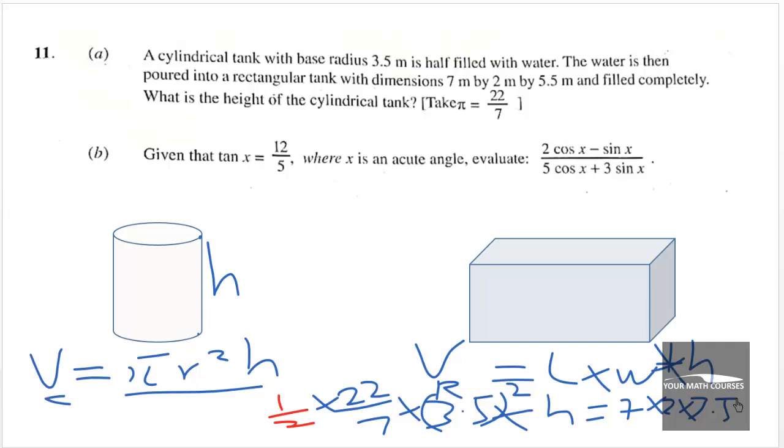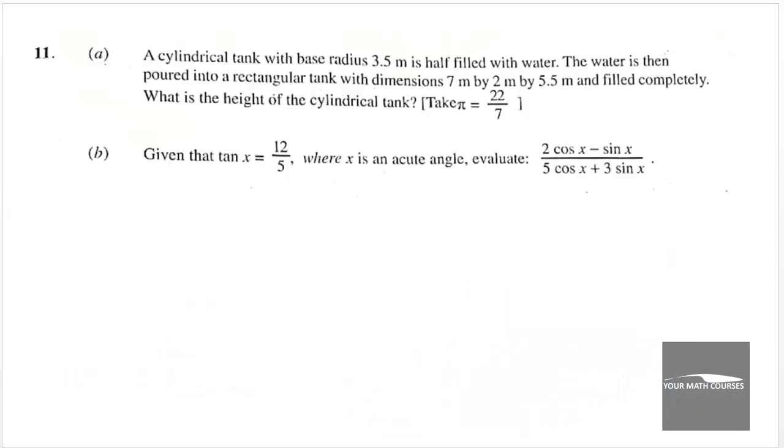So 2 times 3.5 is 7, times 7 will give us 77. So we have 77 meters cubed on the right hand side.